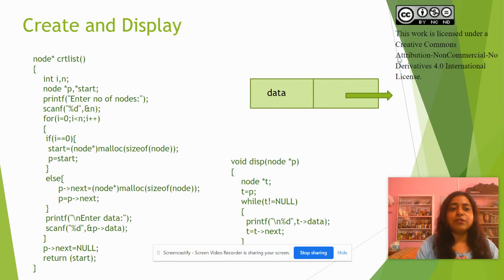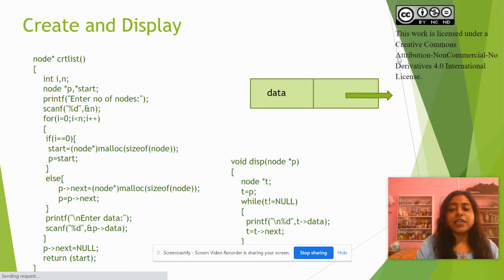Now, to create a list, I have used a crtlist function. The return type of the function is node pointer, because after creating a list it has to return the head node to the function calling it. At first the user will be asked to enter the number of nodes.